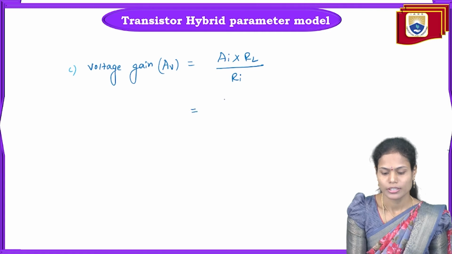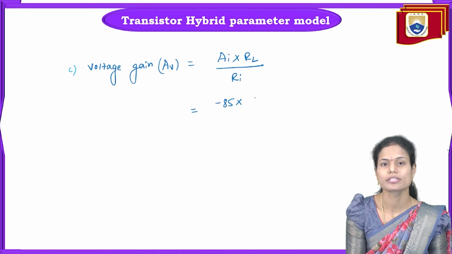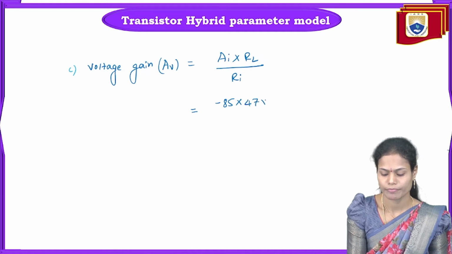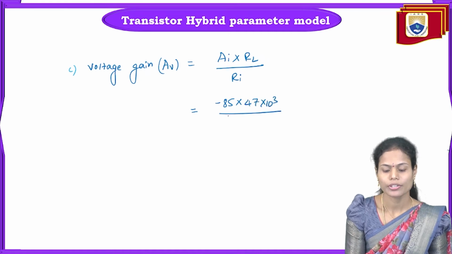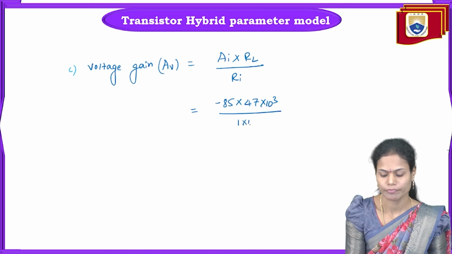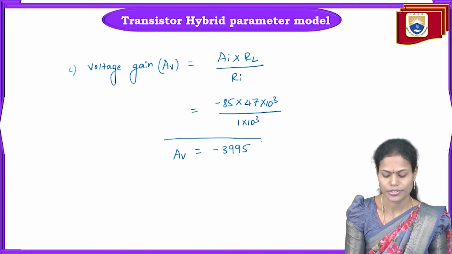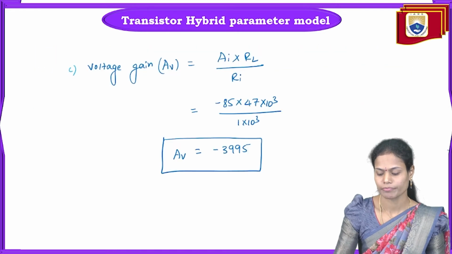Just substitute that current gain value, that is minus 85, into load resistance of 47 kilo ohms, and the input resistance is 1 kilo ohm. So if we simplify, we'll get minus 3995 as the voltage gain here.